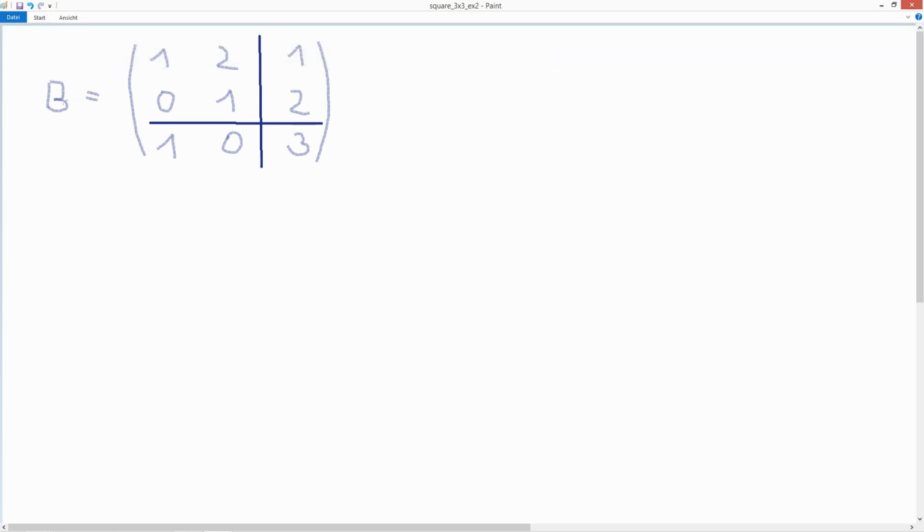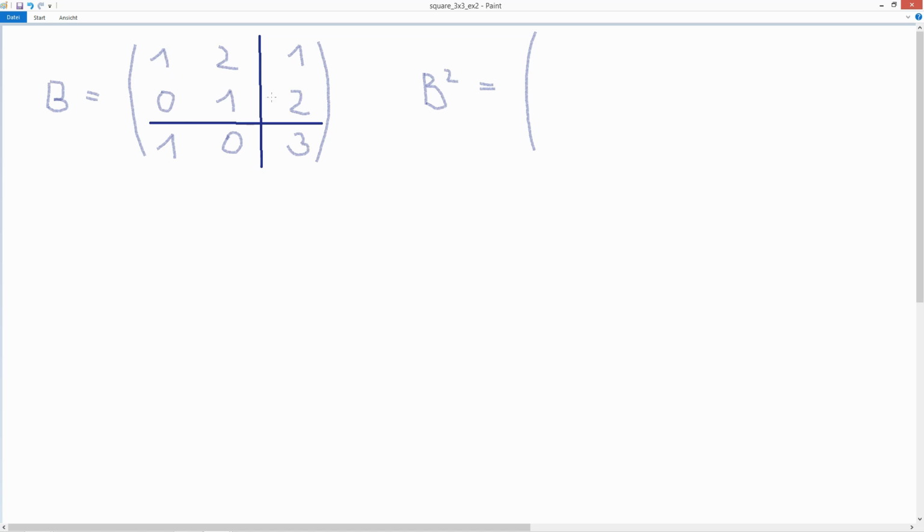We want to square the matrix B. So for the first 4 entries, we have to calculate A squared. So we have to square this submatrix here and add P1, which is the product of this vector with that vector.